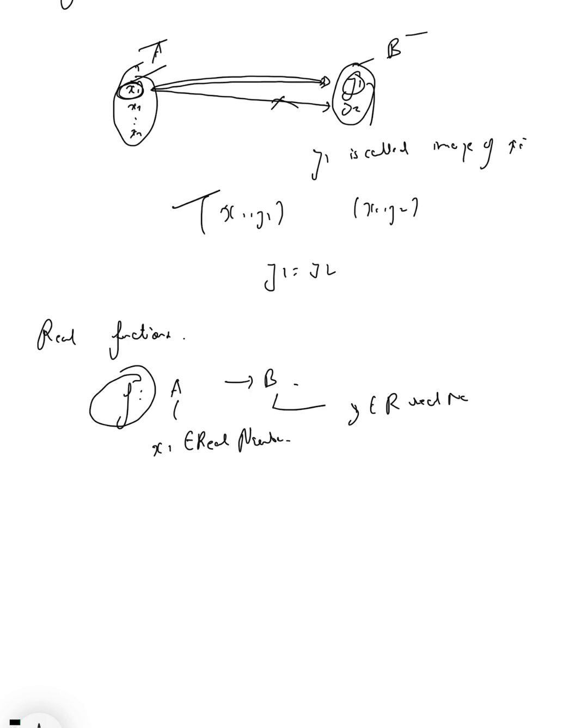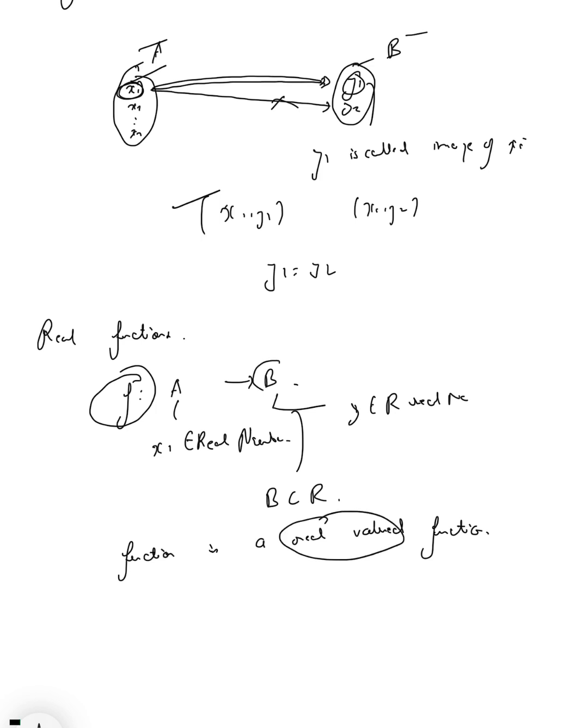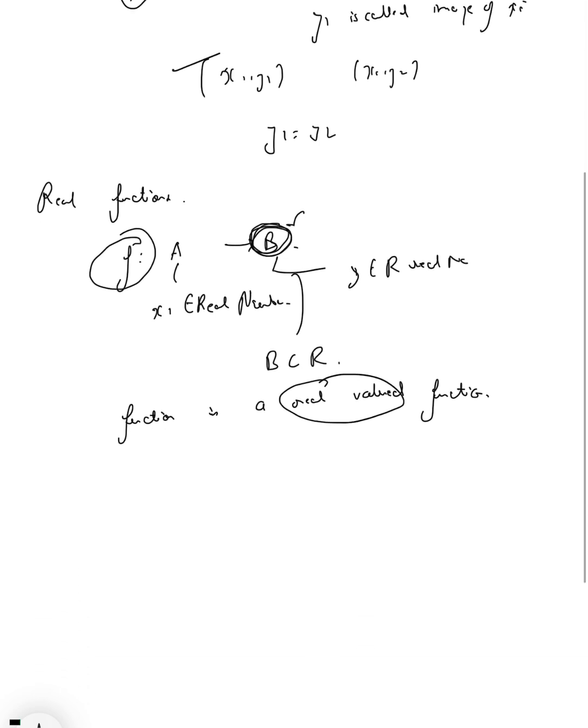If B is only a subset of R, meaning all the elements in B are elements of subsets of R, then we say that the function is a real valued function, as it is attaining real values only. I think I made my point clear.